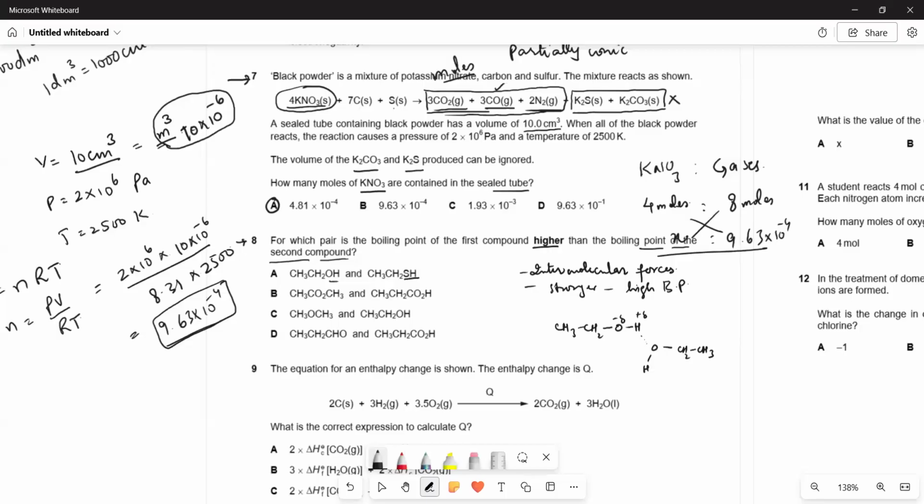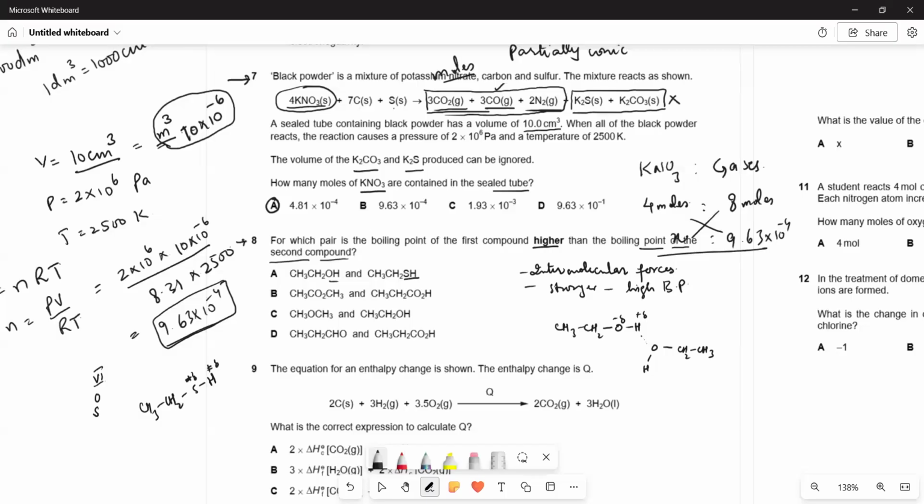Sulfur is also present in group 6, right? Oxygen and then sulfur. Which one has less electronegativity? Definitely sulfur. So due to less electronegativity, sulfur is less negative.